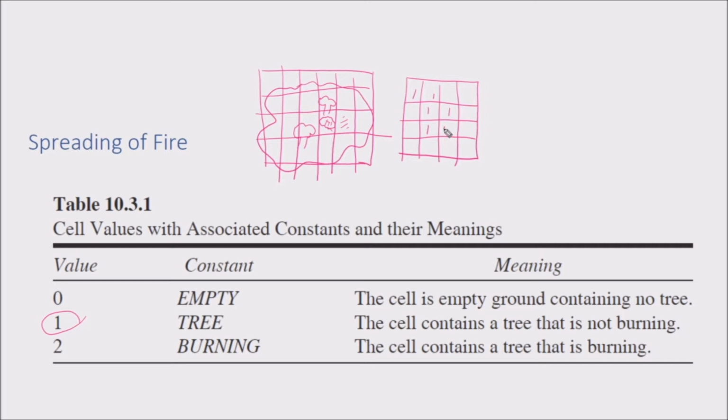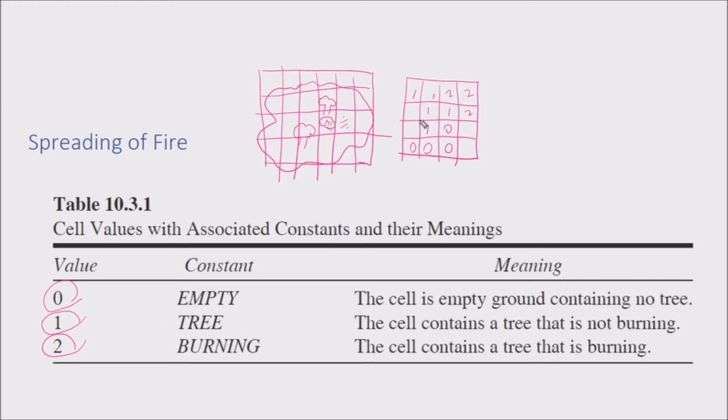And if it is empty, we can put zeros. That's the value for empty. And if it is already burning, if it has already started fire, we put 2. So that is what the grid is. This is how it looks in the area, and we divide it into pieces like this and then put some values in it. So this is the first thing we do.